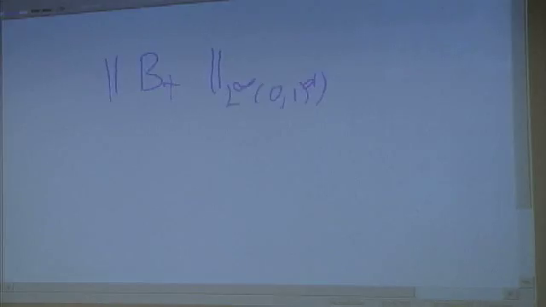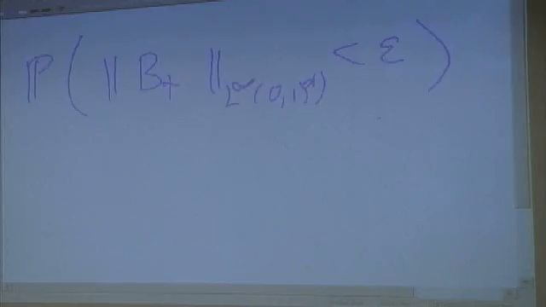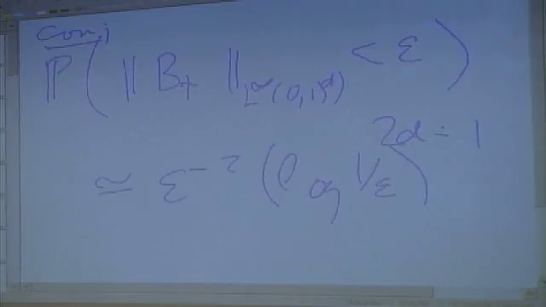Generically, this should be of order 1, obviously. And so the question of interest is, how do these probabilities behave? And then the conjecture is that this is basically epsilon to the negative 2, again with this kind of weak dependence on dimension.